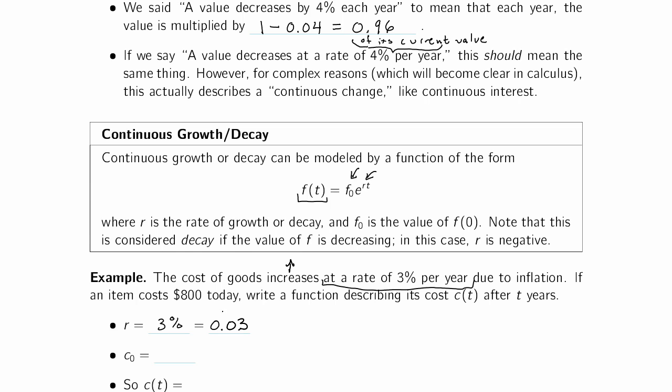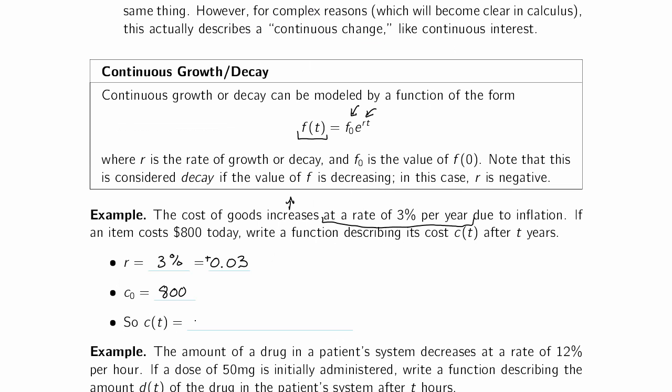This is increasing, so we have a positive rate. Our starting amount, well, we have an item that costs $800 today. So its cost after t years is given by 800 times e to the 0.03 t, which is a very easy function to write down, so at least that's nice.